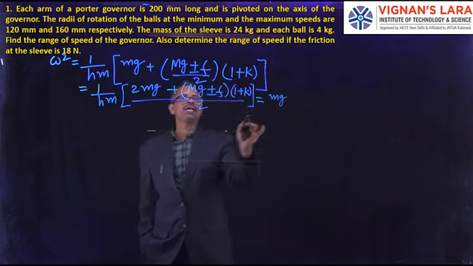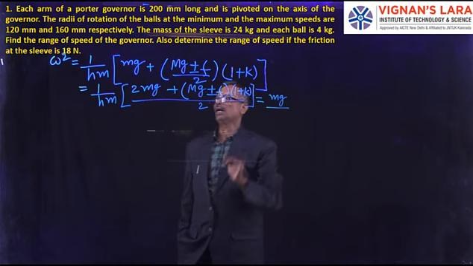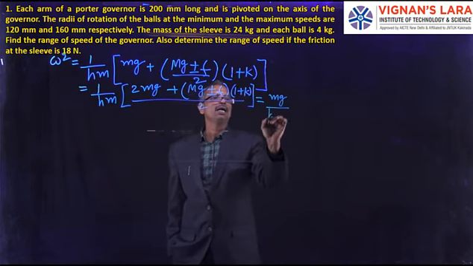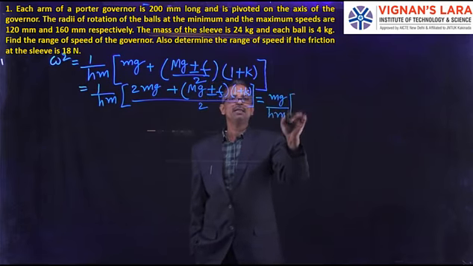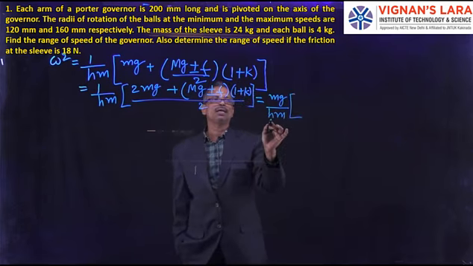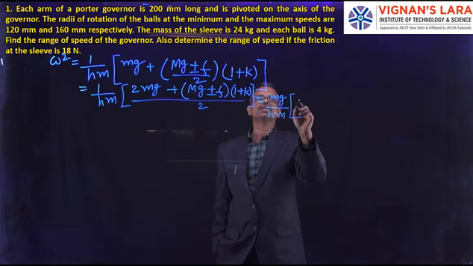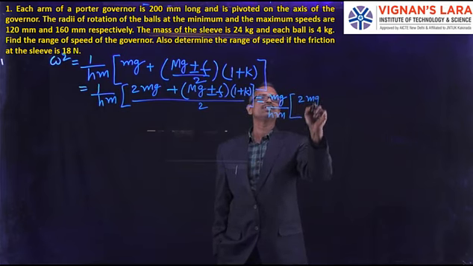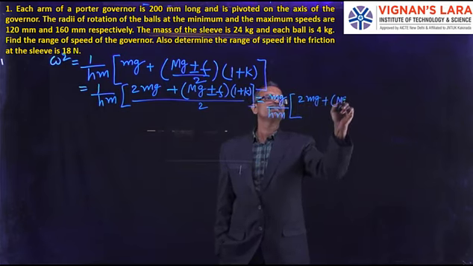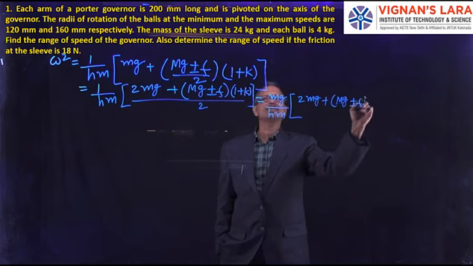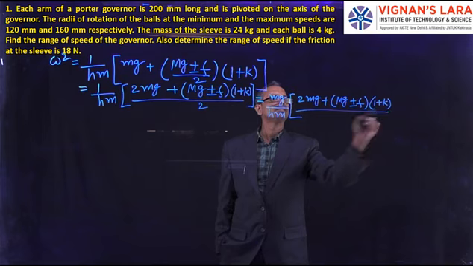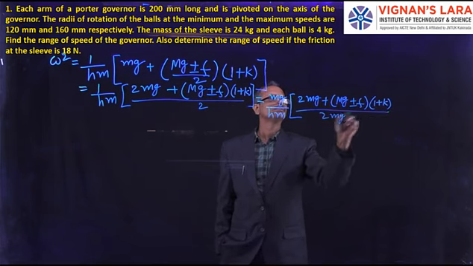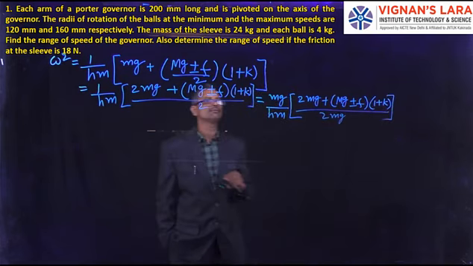I have multiplied the numerator and I also divide the denominator by mg, that is 2mg plus mg plus or minus f into 1 plus k by 2mg.